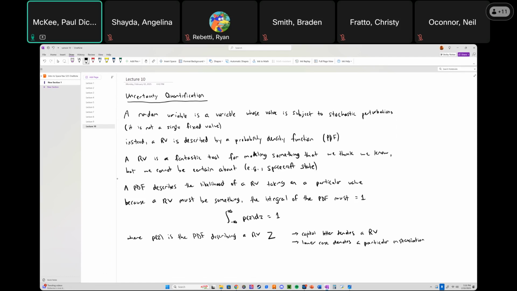So there's some distribution, could be green, could be red, could be blue. But then once she actually reaches in and grabs a marble, now it's a lowercase letter. This is a particular instantiation. On this day at this time, we actually did the test. We really did pull a marble from the bag, and it was this, right? So the lowercase letter is a realization of the uppercase letter.